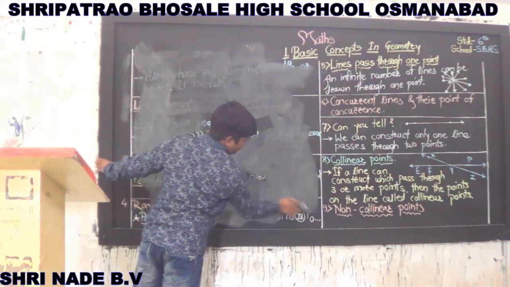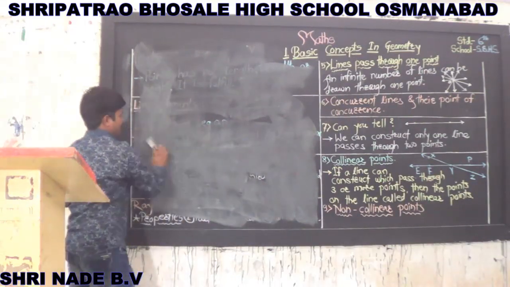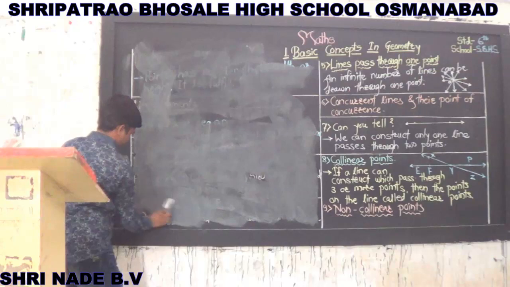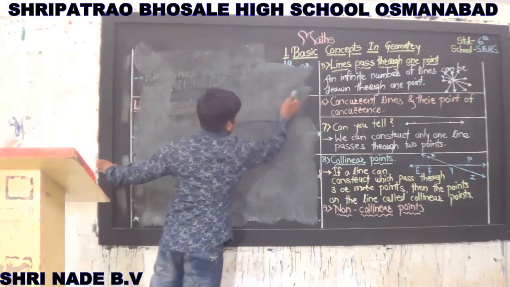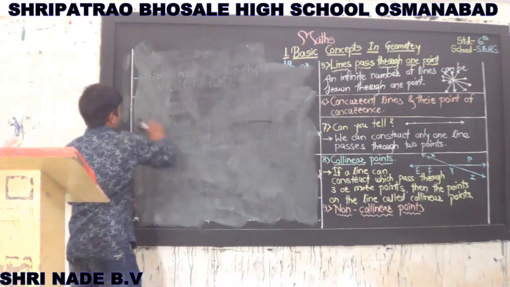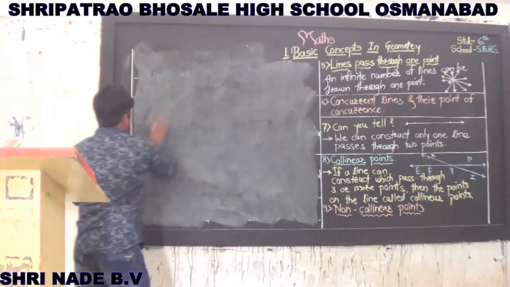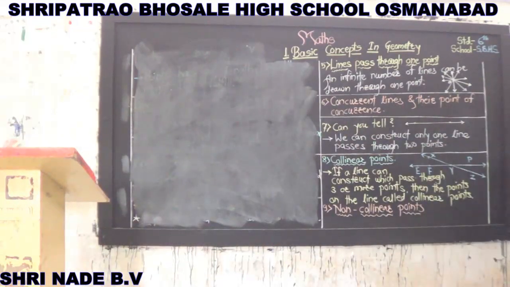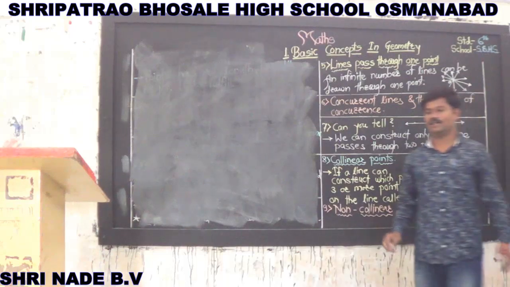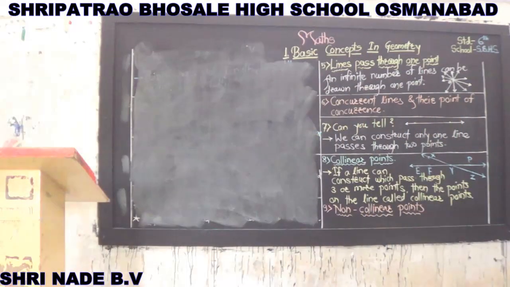Now looking at which figure or concept is called a plane. Related to a plane, there are two conditions. One is the flat surface and another one is that it is infinite in all directions.